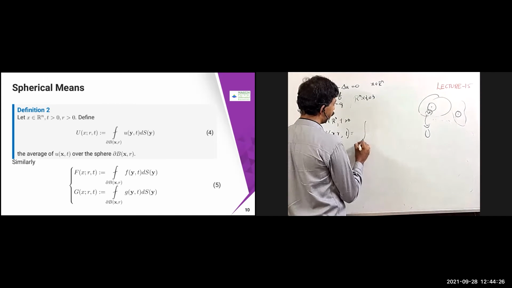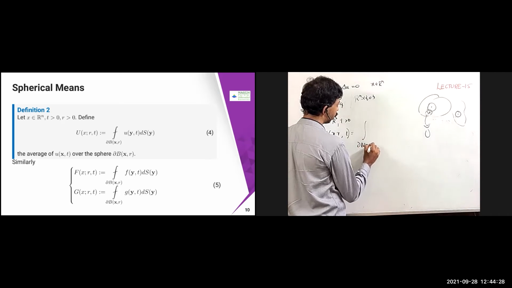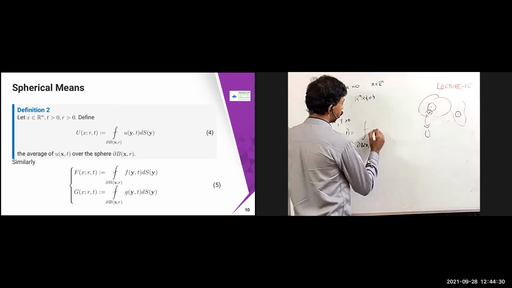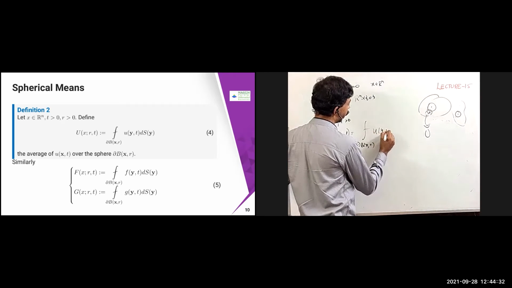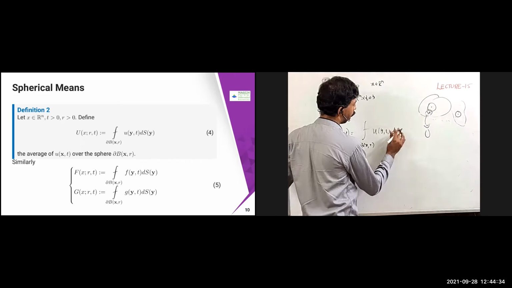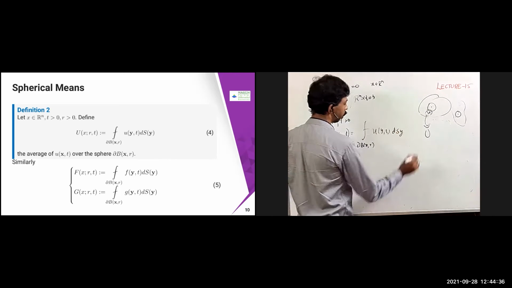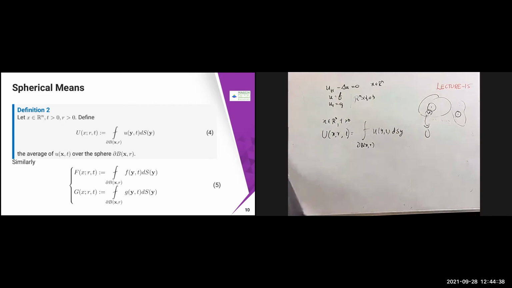So how am I going to define it? I define it as the average integral over the sphere, the boundary of B(x, r), of u(y, t) dS(y). This is the average of u of x comma t over the sphere.